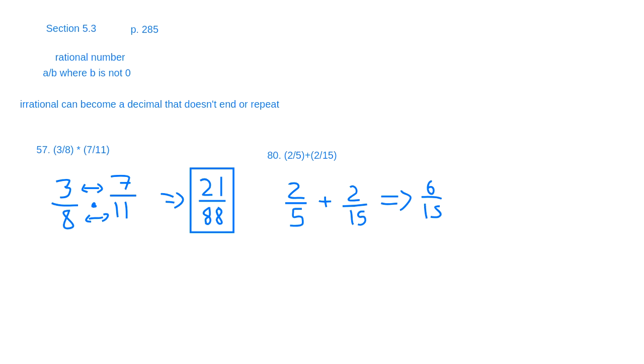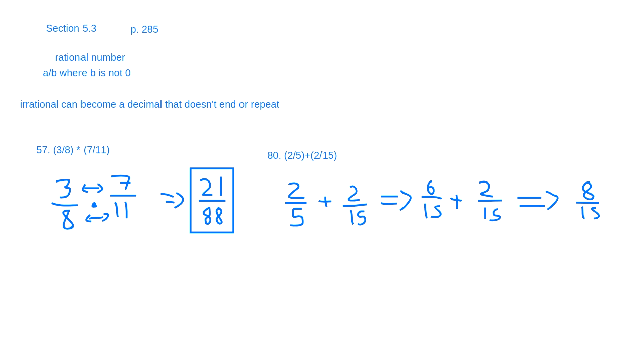So this problem becomes 6/15 plus 2/15. And now at this point, the denominators are the same, so we can just add these two numbers together on the top. So 6 plus 2 is going to be 8. So this becomes 8 over 15.